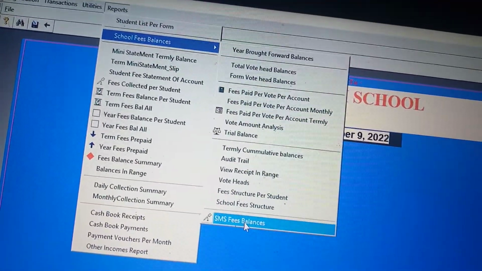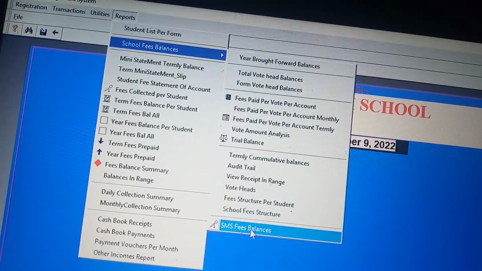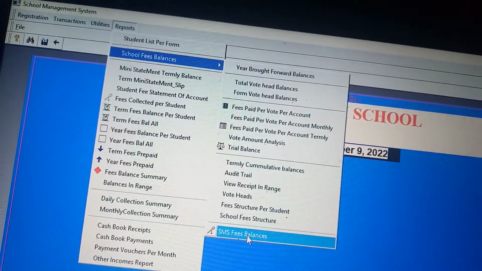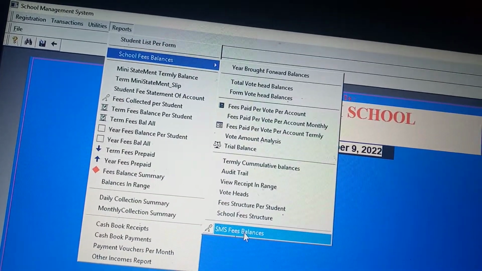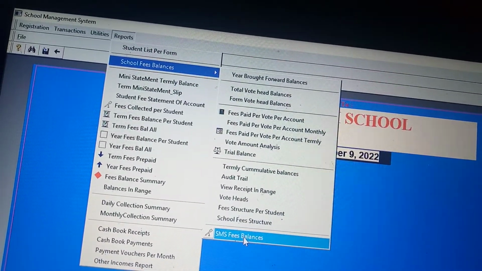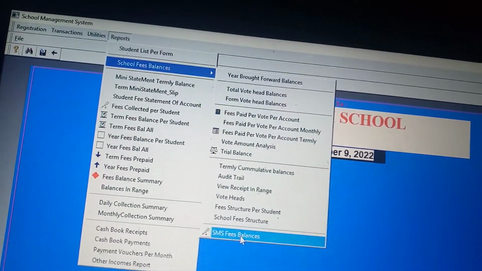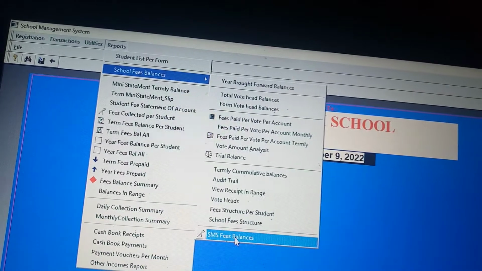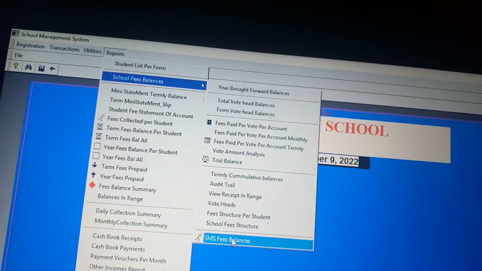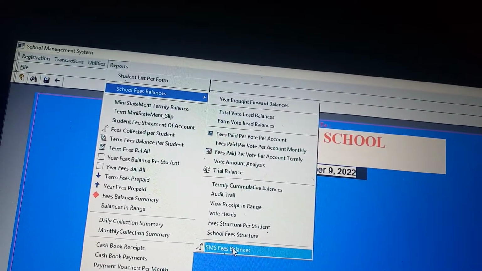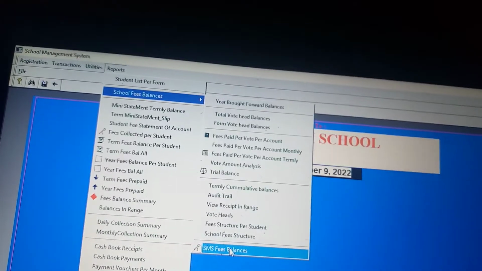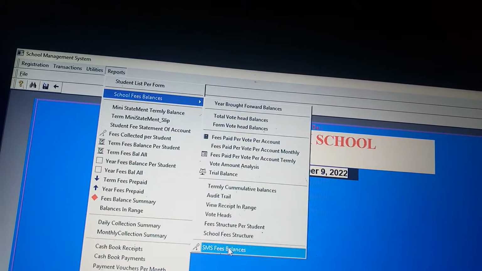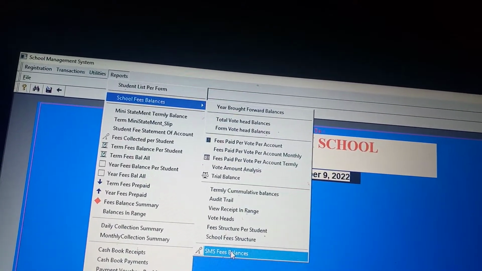Now this is SMS fee balance. You are able to send a message home for a specific student with the specific information from that student. An example: dear parent, John Kamau of admission number 2324 has a balance of 5,000 and should be paid by 20th September.